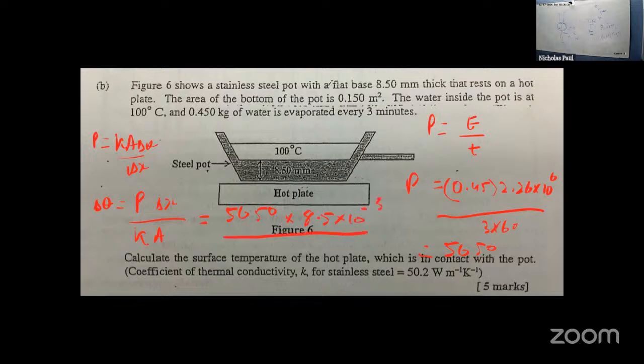Divided by thermal conductivity, K, which is 50.2, and A is your area. What's the area? 0.150. So what did you all get for temperature change? I got 6.3. Anybody else? 6.3?